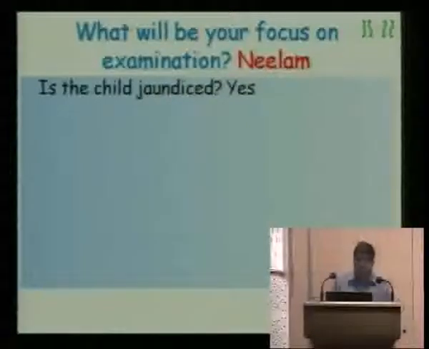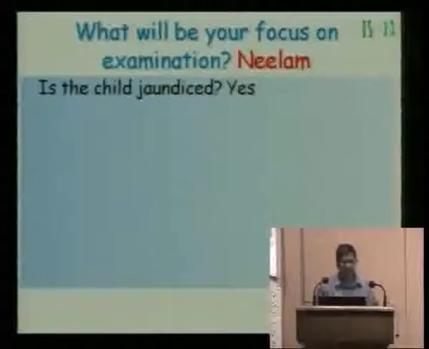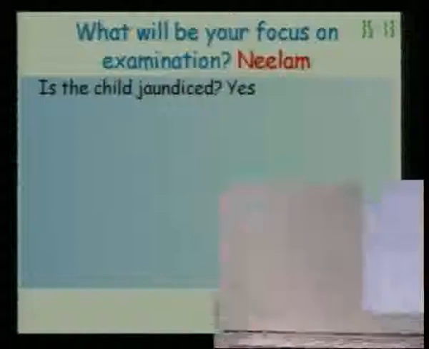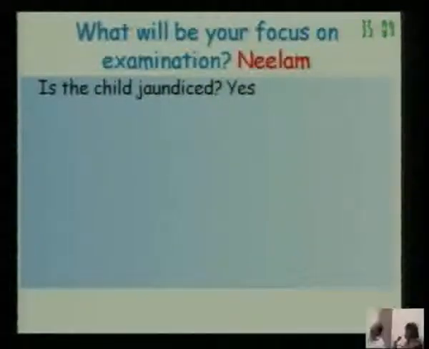It is not difficult. What will be your focus on examination, Dr. Neelam? Well, when a patient comes with jaundice, the first thing on an outlook, I would like to get an idea how big the baby is. Is it looking like a preterm baby or a full-term baby?